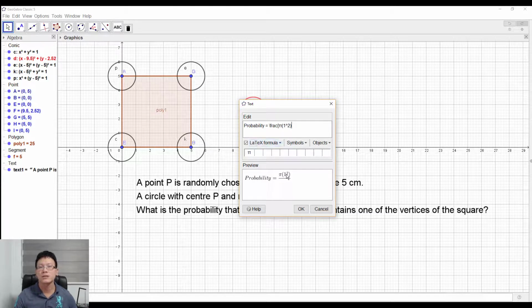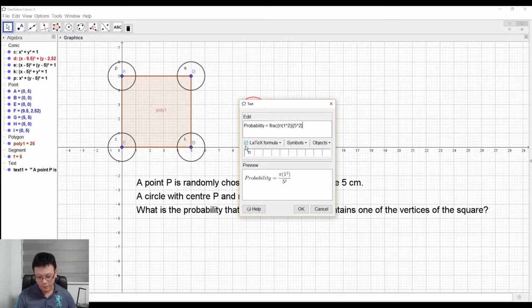Because that is the area of the circle. Because these 4 quadrants here make up the area of the circle. Now the denominator is going to be the square, which is the full set of points, the full area in which the point could lie. So that would be 5 squared.